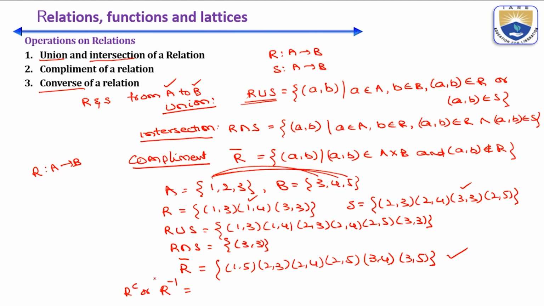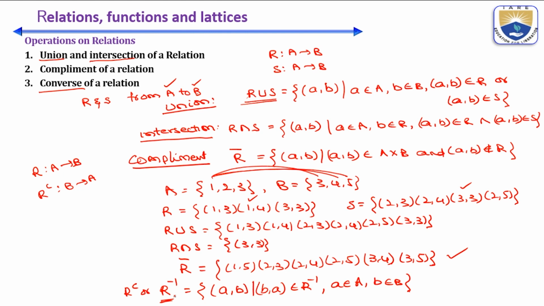R is from A to B, then the converse is from B to A. So we write R inverse as, for every (A, B) such that (B, A) belongs to R inverse, where A belongs to A and B belongs to B. This we are going to represent as R inverse.